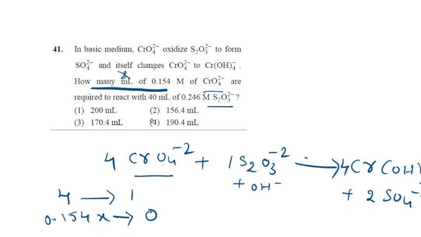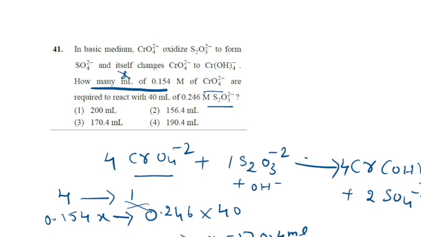Regarding S2O3 2-, the number of millimoles will be 0.246 into 40, where if we do the cross multiplication here, you will get x as 170.4 milliliters.